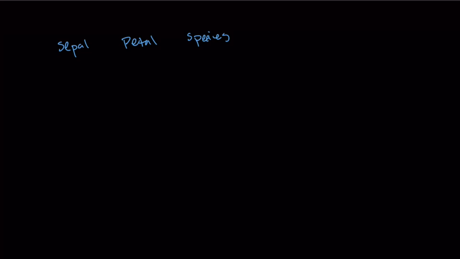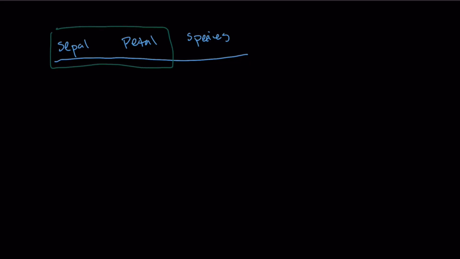Like with our iris data set, we had our sepal length, and we also had our petal length, and then we had our species that we were trying to target, right? So we can break it down into our features and our target. Just as a reminder, we had our features and then we had our target. The difference with unsupervised learning is that we have all of these different data points.